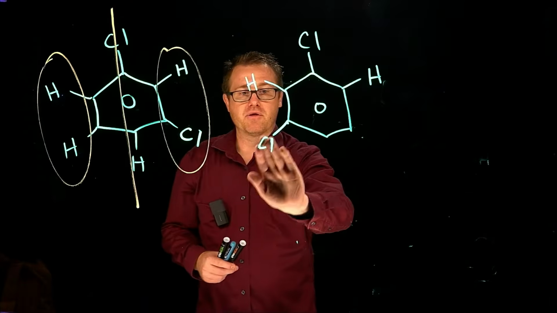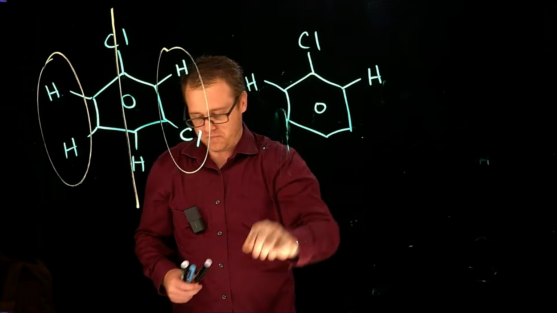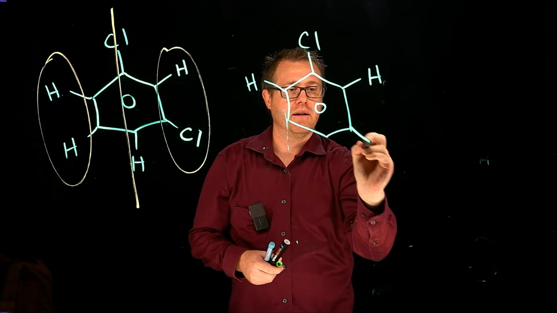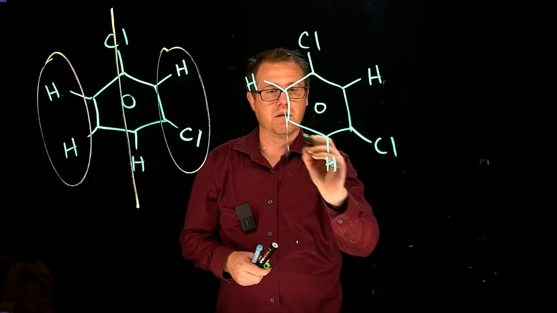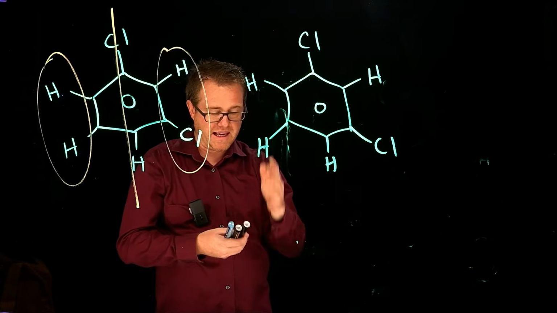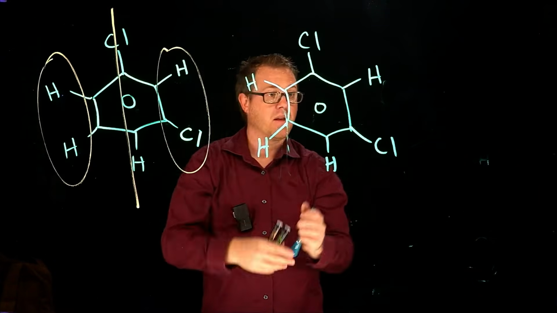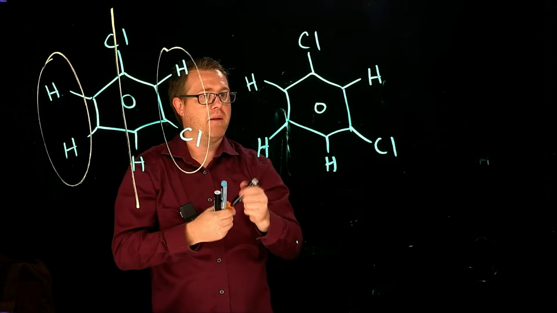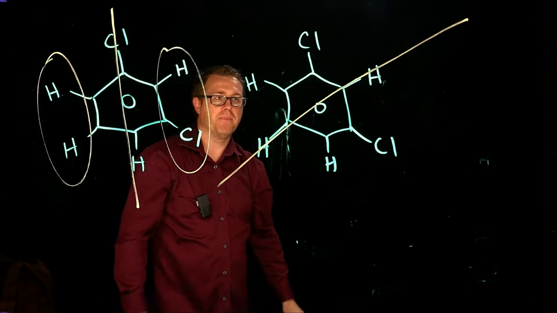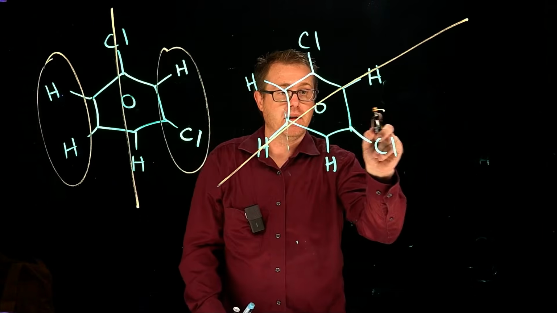Now, let's draw the molecule again over here. Put the chlorine here. We have to keep in mind what 2 protons we are looking at. It's these 2. Could we draw a plane of symmetry just right through there like that? The answer is yes, we do have a plane of symmetry.